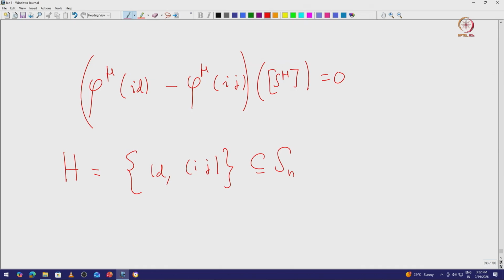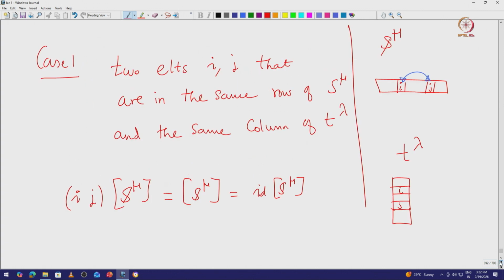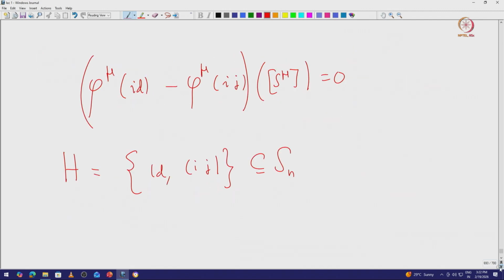Since we have fixed the tableau T lambda and i and j lie in the same column, one can realize this subgroup H as a subgroup of the column stabilizer of T lambda, C T lambda.